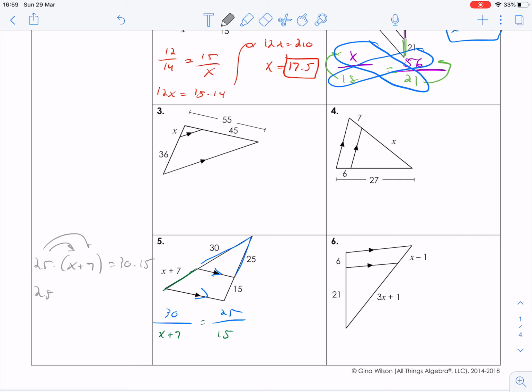Distribute. 25x plus 175 equals 450. Let's solve for x. We get 25x equals 275. X equals 11. Let's see, yeah, it should be 11. There we go.